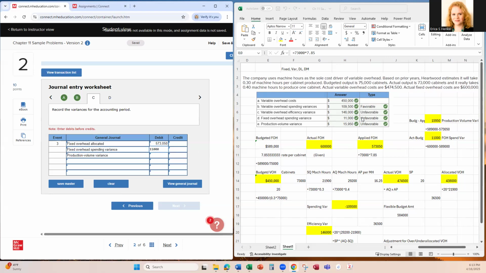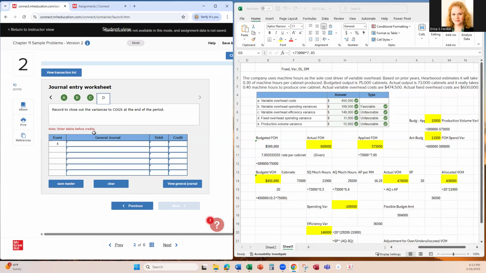Production volume variance is also unfavorable, so it's also a debit. Then the last one is the fixed overhead that we recorded in the first part, $600,000, and that gets credited. The difference between your actual and your allocated amount is the overall total fixed overhead variance.